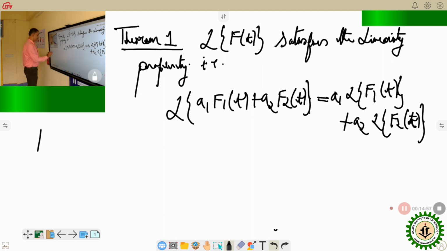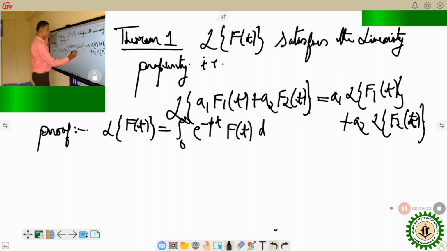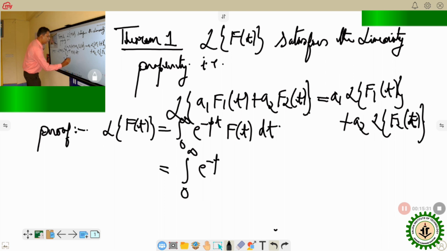To prove this, we know the Laplace transform of f(t) is equal to the integral from 0 to infinity of e to the power minus pt f(t) dt.